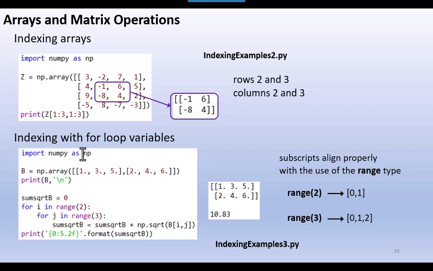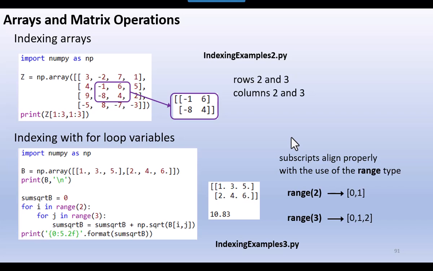These are the two examples that we showed you, where when we put in 1 to 3, it gives us rows 2 and 3 and columns 2 and 3, which are indices 1 and 2 correspondingly. And I apologize for the confusion between rows and columns and actual array indices.